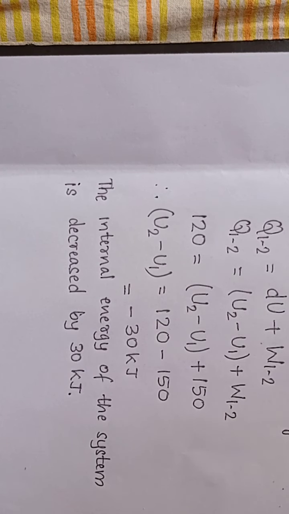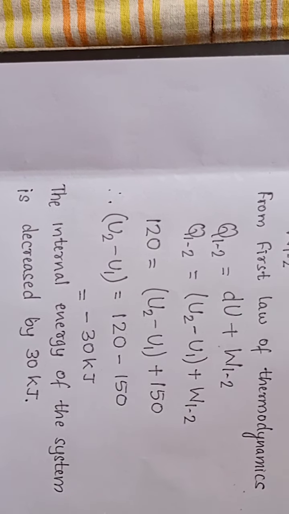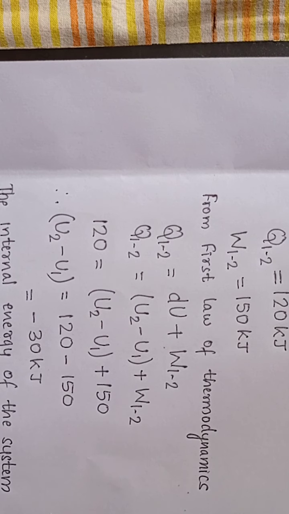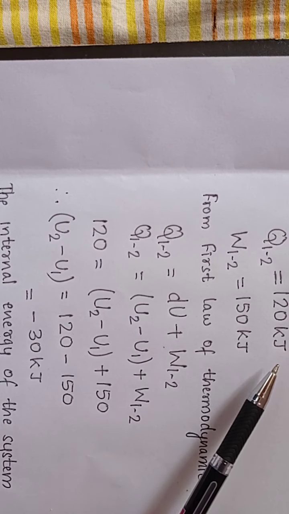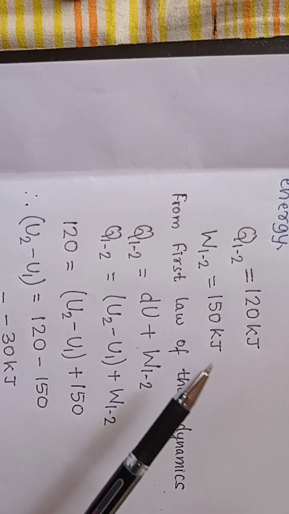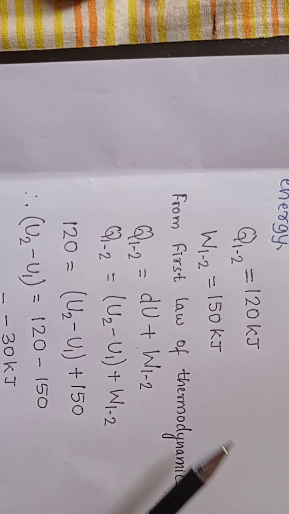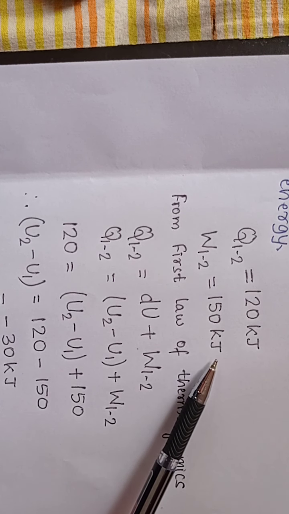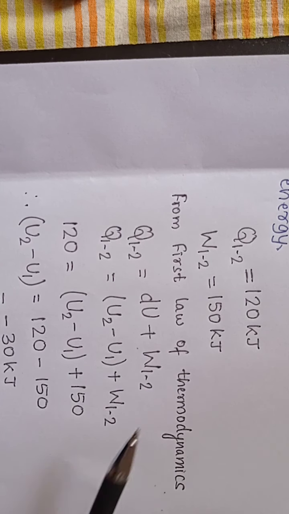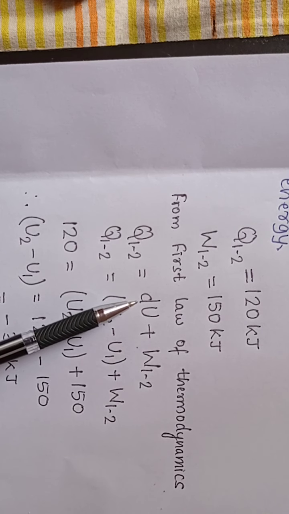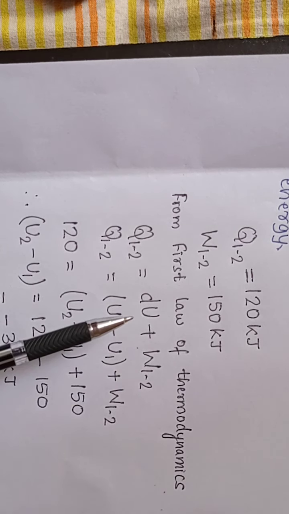So I repeat again, Q12 is given in the problem, that is a closed system received 120 kilojoules. So 120 kilojoules is received, so it is plus, and delivers a work transfer of 150 kilojoules. So again 150 kilojoules is the work done. So from first law of thermodynamics, what equation we have? Q12 is equal to delta U plus W12. And what is delta U?